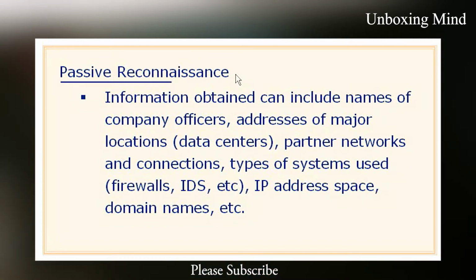And this is usually found when researching through job postings and the background information on some of the higher level executives. We can even discover information about owned domain names by that company and IP address spaces and subnets where they reside.